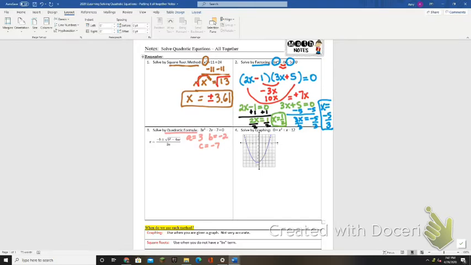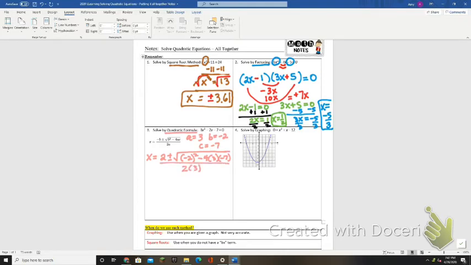Now you're going to take those values and you're going to plug them into the quadratic formula, and you get x equals the opposite of b, which is positive 2, plus or minus the square root of b squared minus 4 times a times c all over 2 times a.